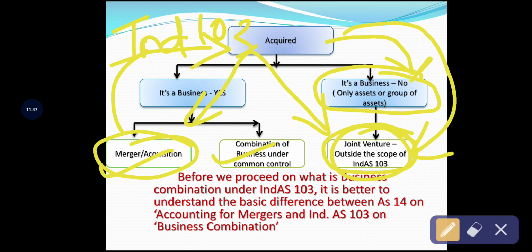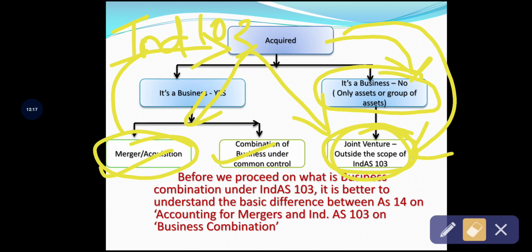So ultimately the scope tells that when the business organization meets the definition of a business combination, then Indian Accounting Standard 103 is applicable. If not, it is not applicable.